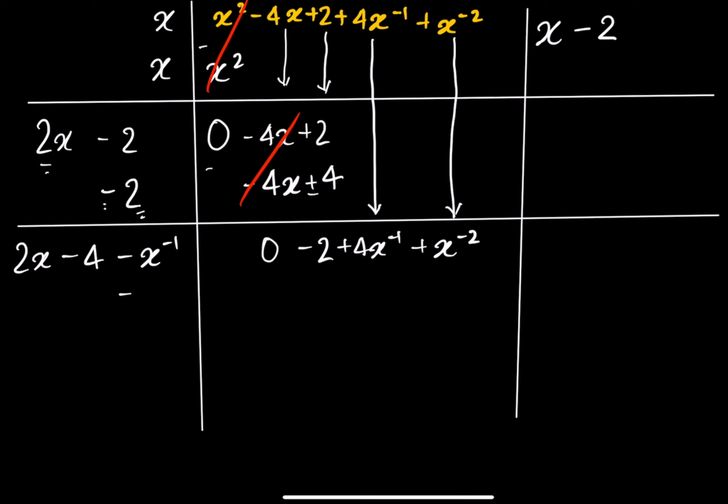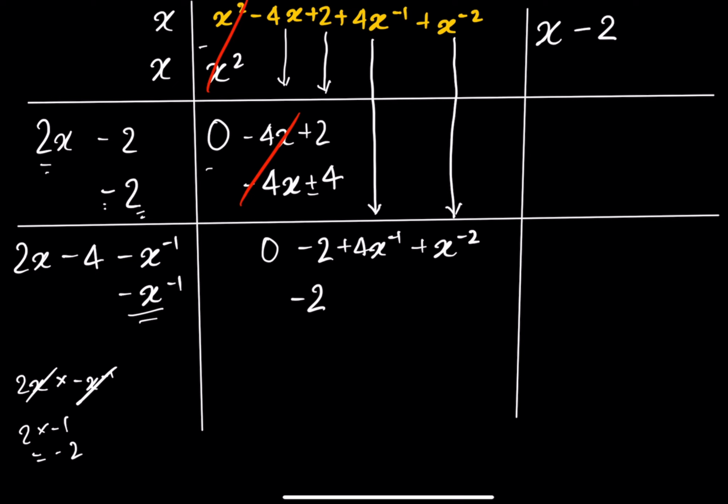So 2x times this number gives us negative 2, because 2x times negative x to the negative 1, the x's cancel out, leaving us with 2 times negative 1, which gives us negative 2.